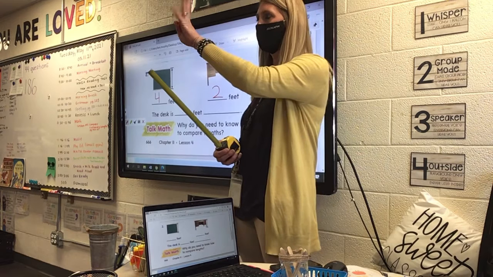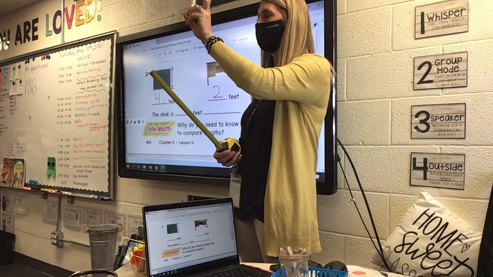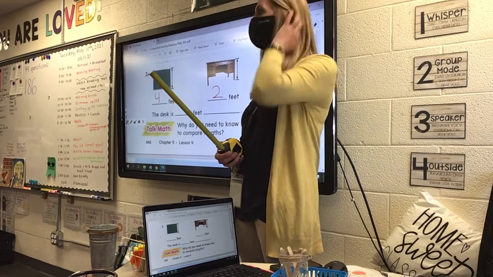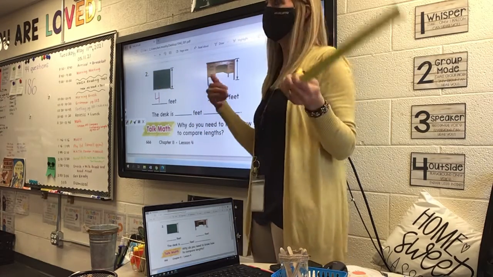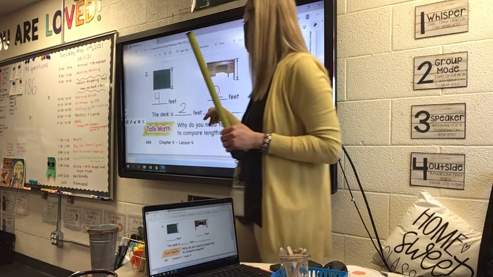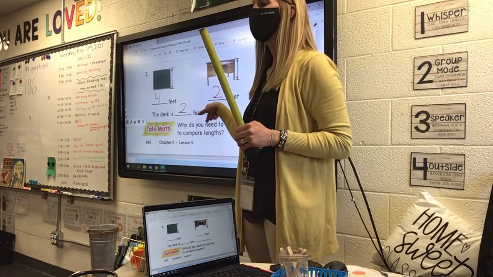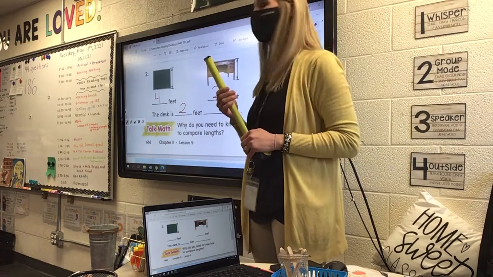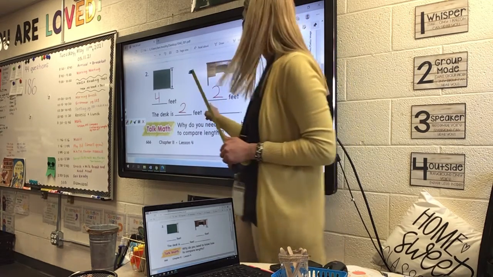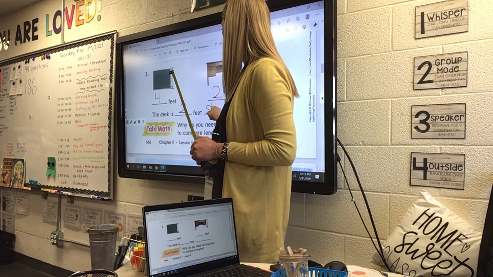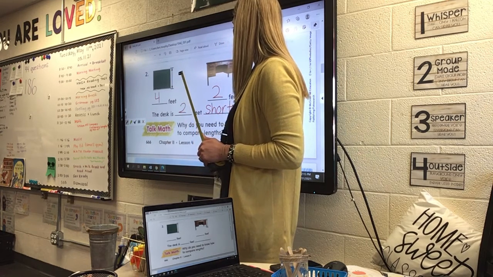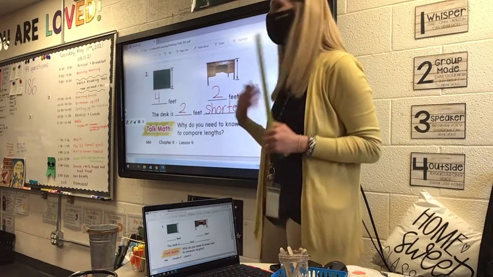Four minus 2. 4, take 2 away. 2. So the difference is 2, because 2 plus 2 is 4. So the desk is 2 feet. Is it going to be shorter or longer than the whiteboard? Shorter. Everybody? Shorter. So we're going to put shorter on this line. The desk is 2 feet shorter than the whiteboard.